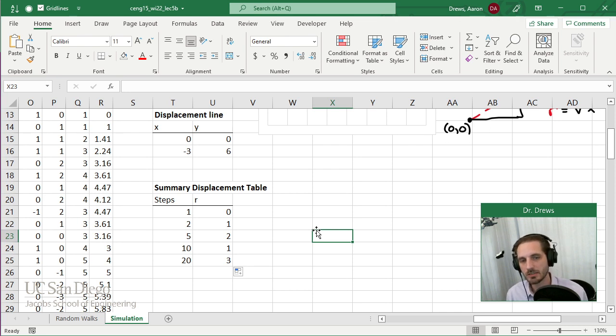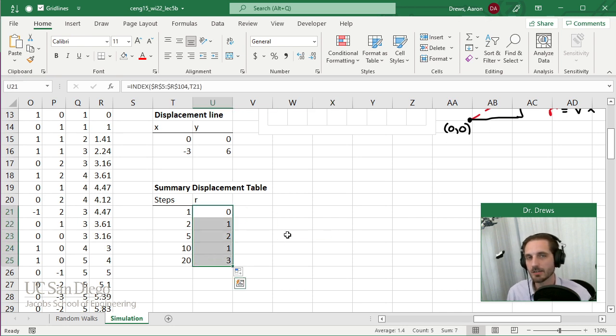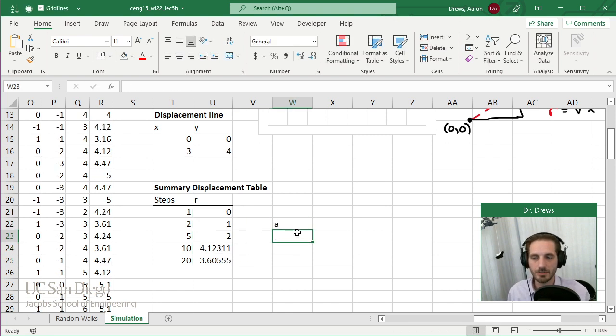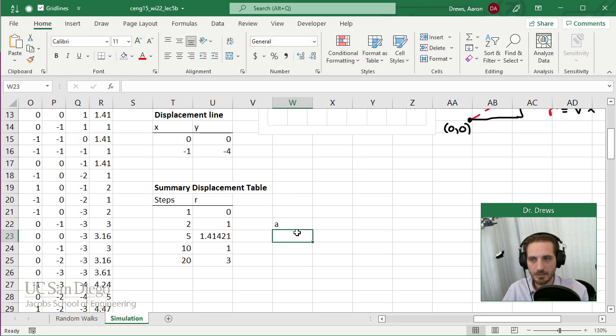One thing that you'll need for the pattern is to take these values and now run the simulation 10 times. In order to save that data, you have to save it in a particular way, because if I change anything on the sheet right now, if I hit A, for example, all of those numbers will change, right? As I change something on the sheet, those numbers change.